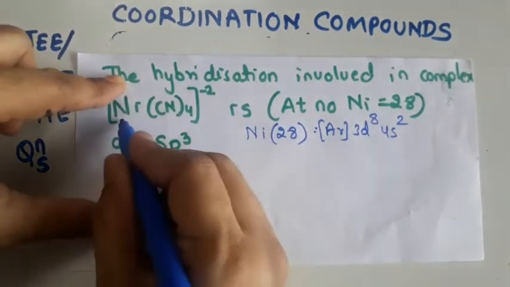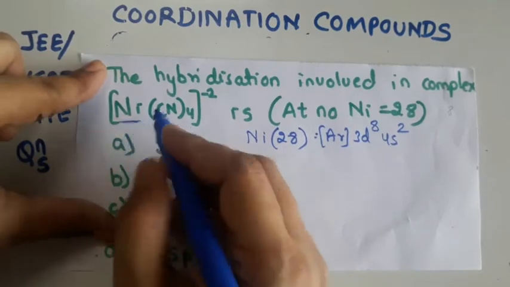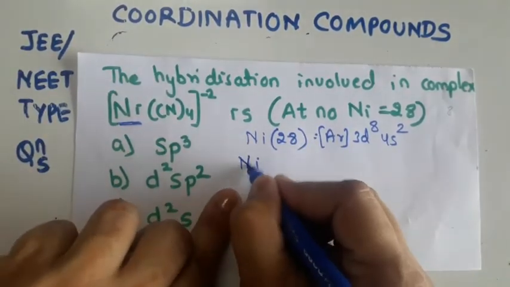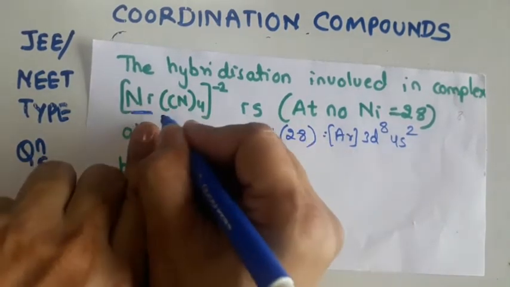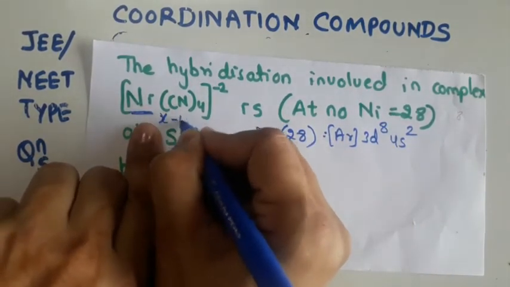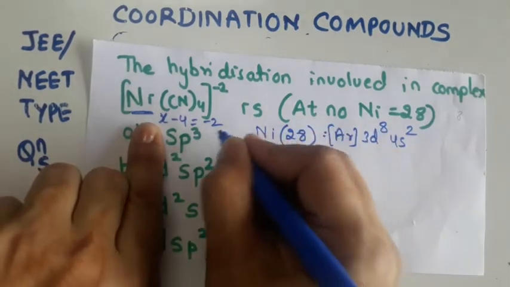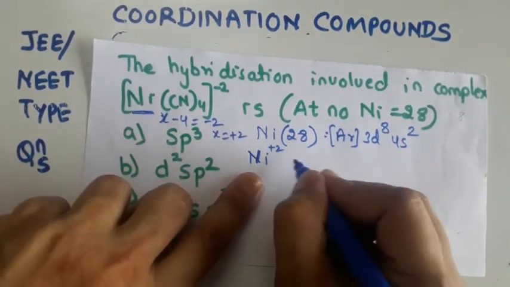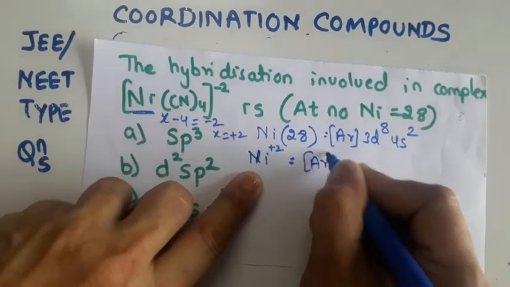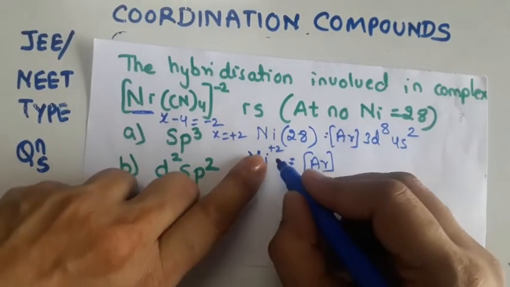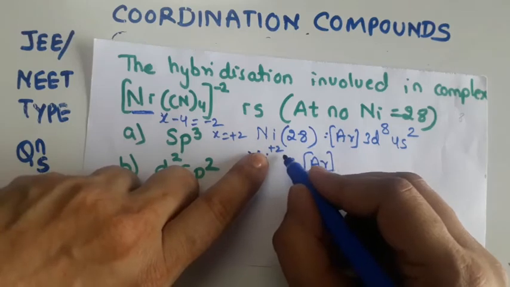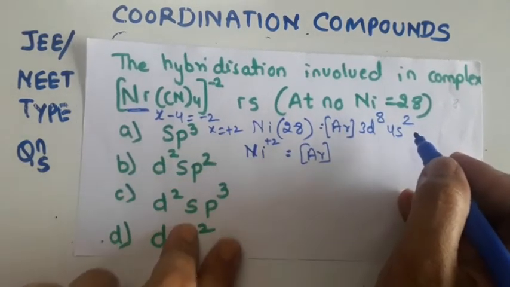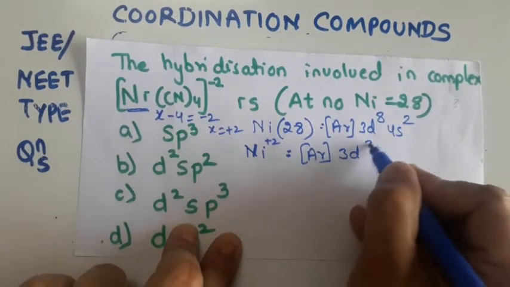Now find out the oxidation state of nickel in this particular compound. So it is Ni, x minus 4 is equal to minus 2, so x is equal to plus 2. So nickel plus 2 ion would have its electronic configuration as follows: plus 2 means 2 electrons have been lost. So 2 electrons will be lost from 4s, and we will be getting here 3d8.